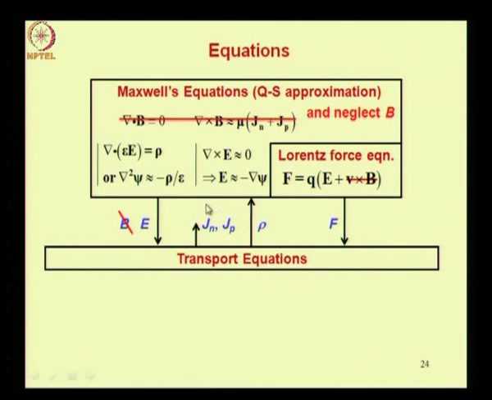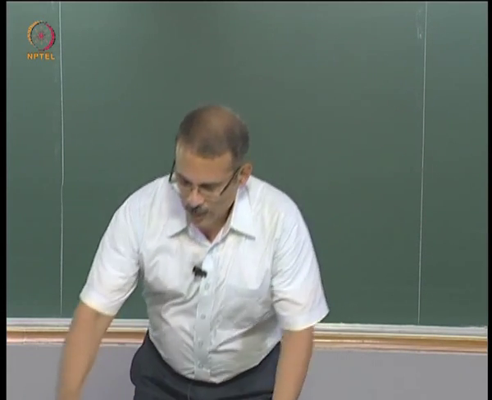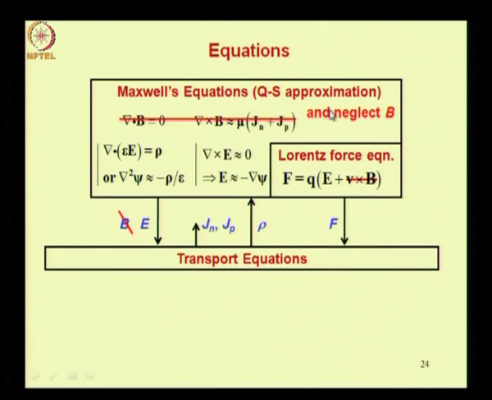This information is however required because in fact our aim in modeling is to calculate the current density, right. So there we need Jn and Jp. So what we have achieved is that because of neglecting of B, we no more have to couple the transport equations and Maxwell's equations through Jn and Jp. So that coupling has been removed. So this is a considerable simplification.